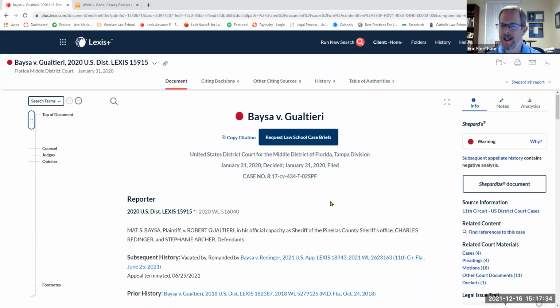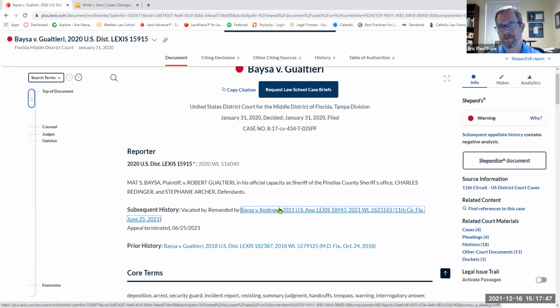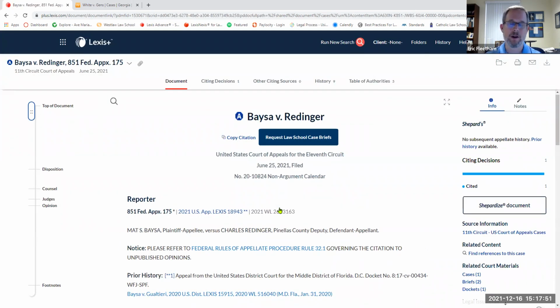Sorry. Vacated or reversed. So we need to figure that out. Well, look at this. Subsequent history: vacated by this case. So I would have to read this case too. I'm going into subsequent history here so I can find out a lot of information. So that's how you do it on Lexis.